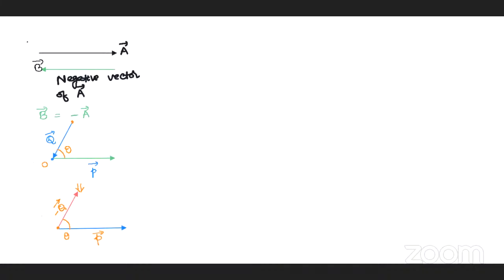Okay. So if you want the resultant of these two about the point O, then I have to construct a parallelogram as usual, like this. I am going to construct the parallelogram here. Now check there.